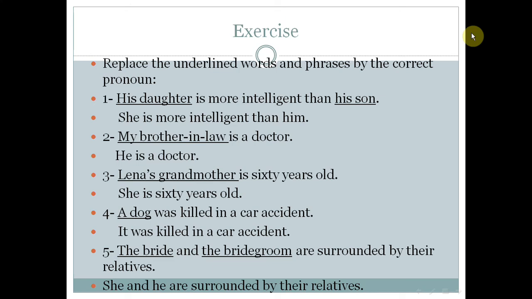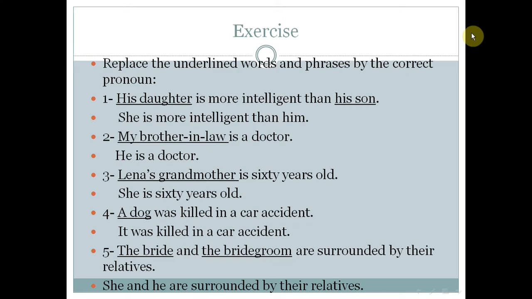Number 2, my brother-in-law is a doctor. So my brother-in-law is the underlined word, and should be replaced by the pronoun he. He is a doctor. Number 3, Lena's grandmother is 60 years old.